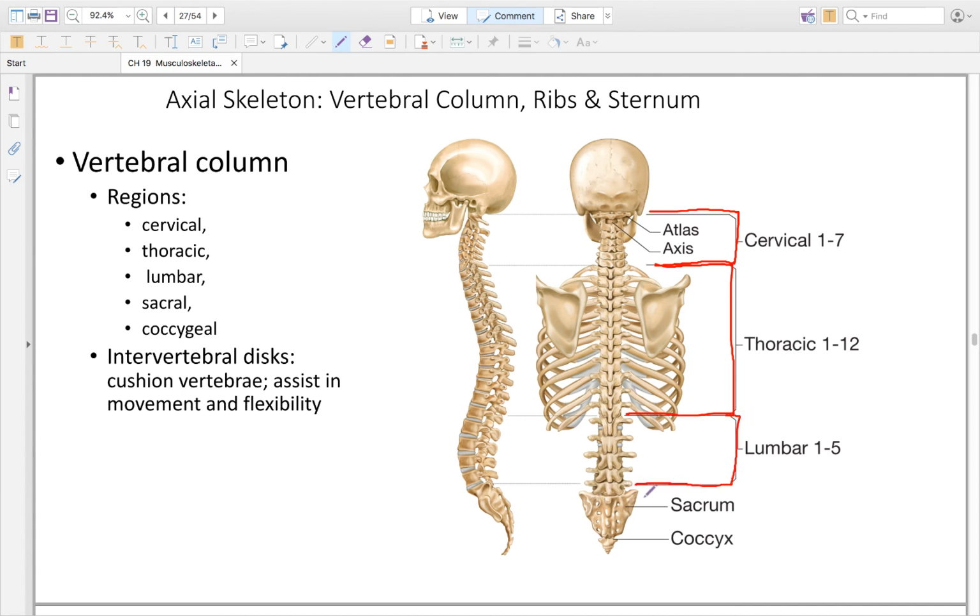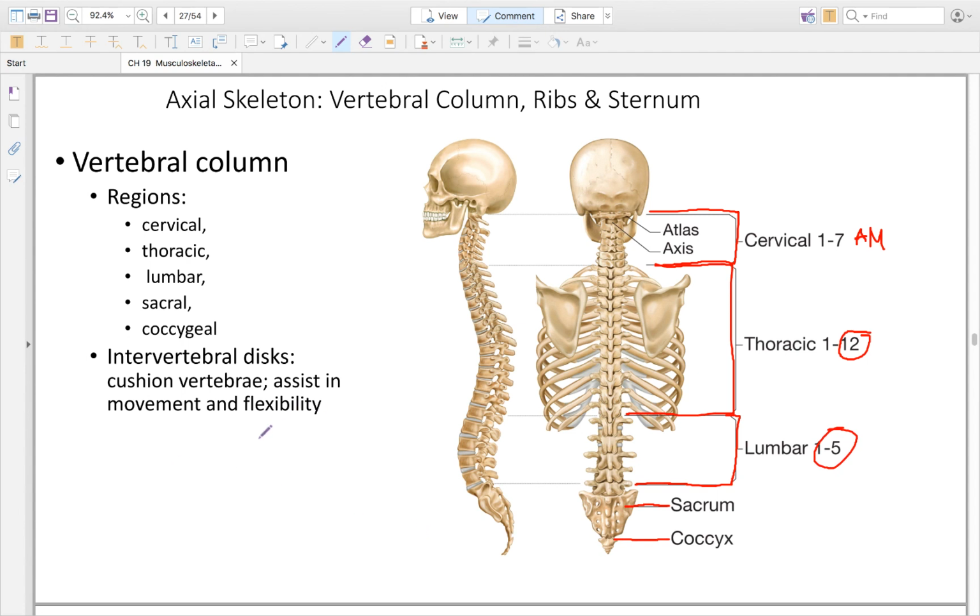And right underneath the lumbar is the sacrum, and then the coccyx bone, which is, in short, your tailbone. A really good way to remember these numbers is we have breakfast at 7 a.m., right? Well, not really, but we can just say that. And then we have lunch at 12 p.m. at noon, and dinner at 5 p.m.